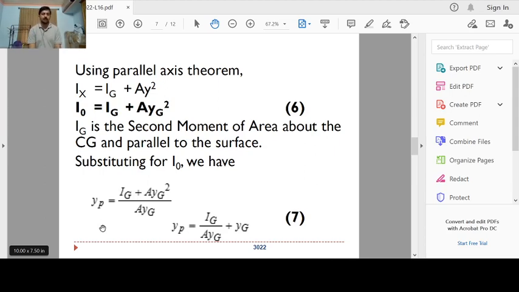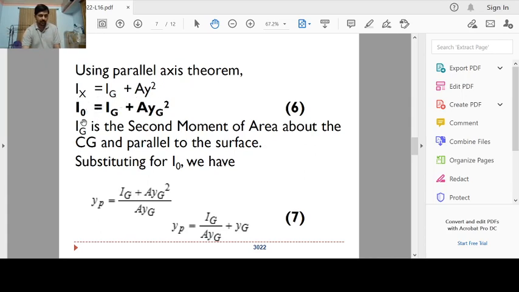Now, using the parallel axis theorem, you need not worry, you need not study this derivation. This is just for your understanding of how we arrived at the expression for Yp. Please understand that, because this is the very simple, fundamental derivation. Using the parallel axis theorem, Ix equals Ig plus A y square.